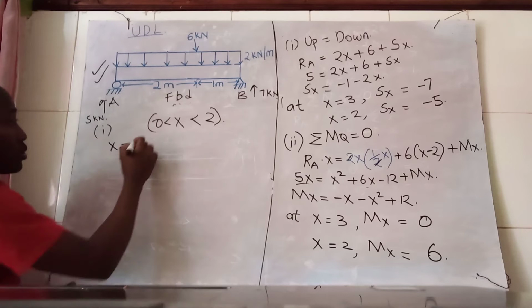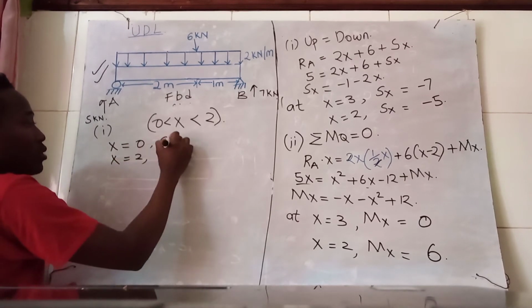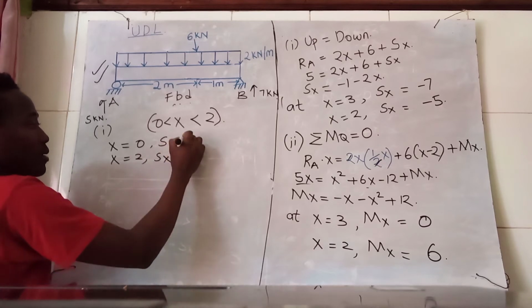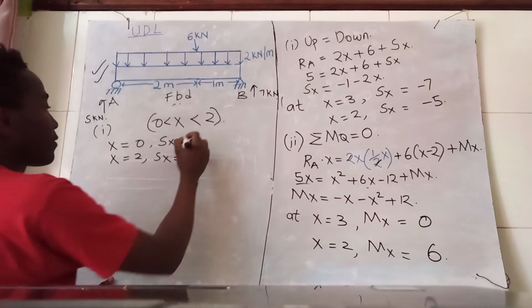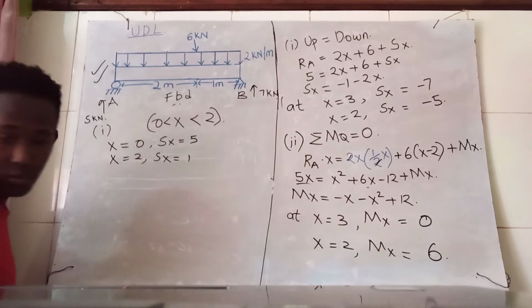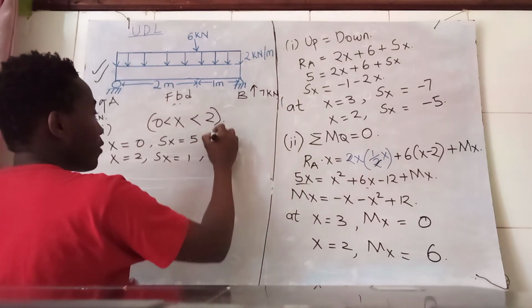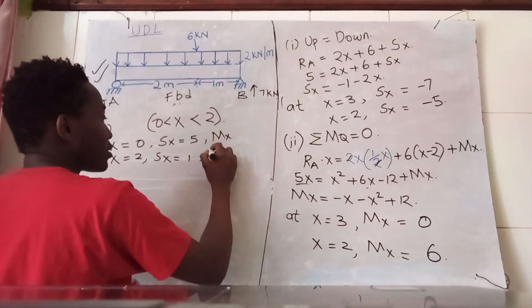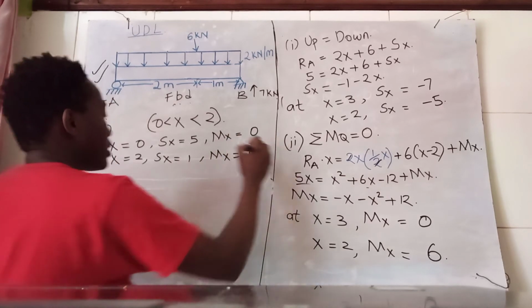At x equals 0 and at x equals 2, Sx we got 5 and 1, then for Mx, 0 and 6.